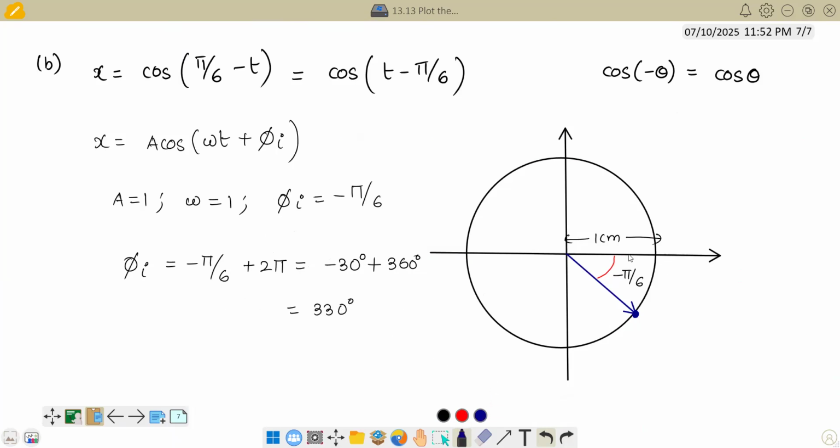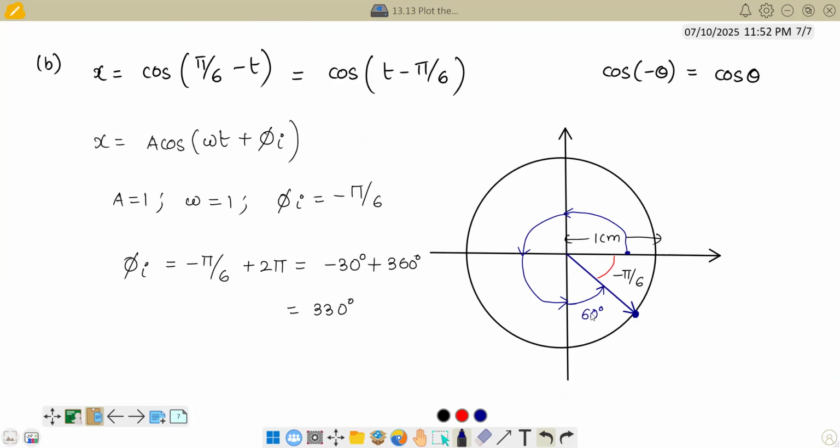Since you want a positive number only, from here you travel 90, another 90, another 90, that is 270, and 330 degrees means 270 plus 60 degrees. So that also brings me to the same location only.